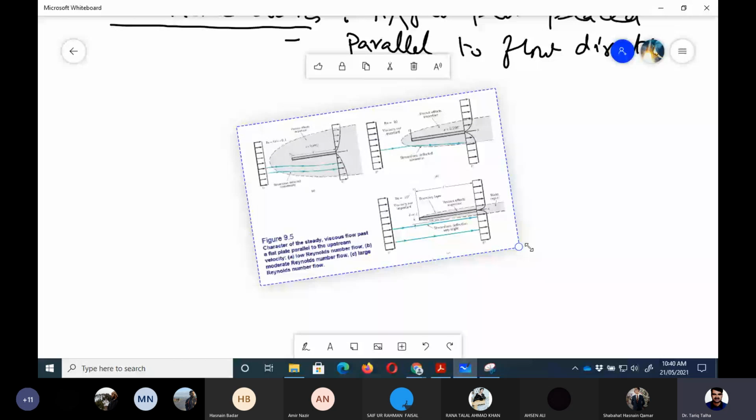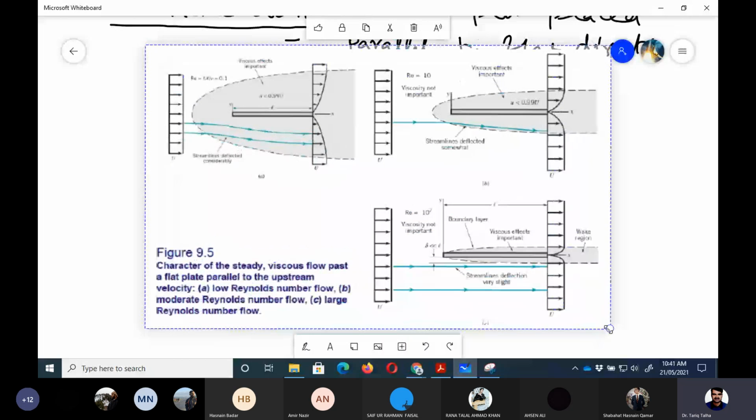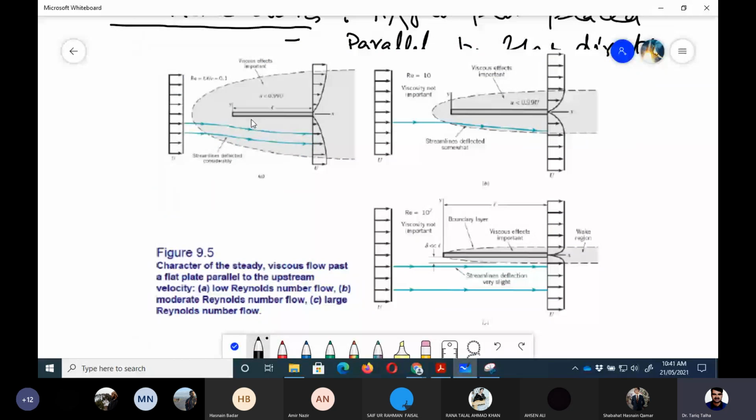Okay, this is the figure. I hope that you can see it quite easily. This is the flat plate which is placed parallel to the flow, so the flow is coming from the right hand side. At the moment we are talking about figure A.